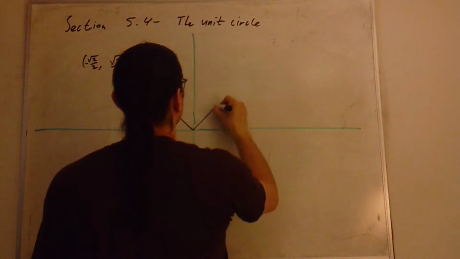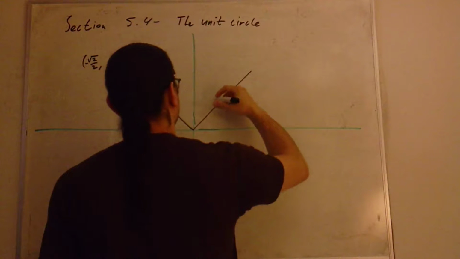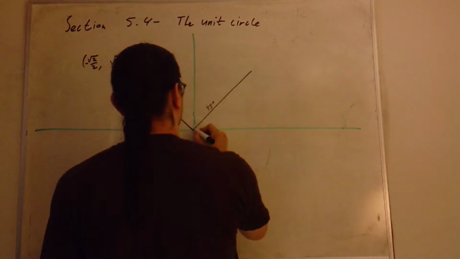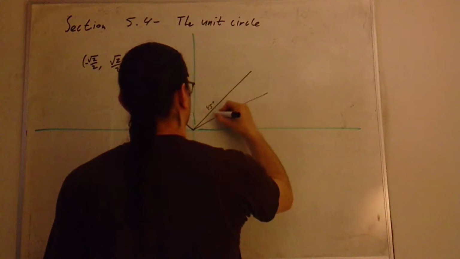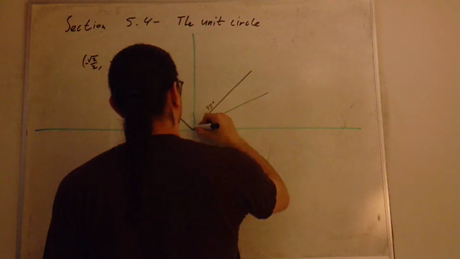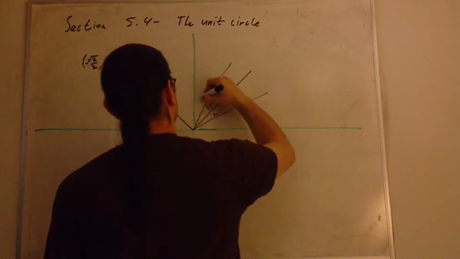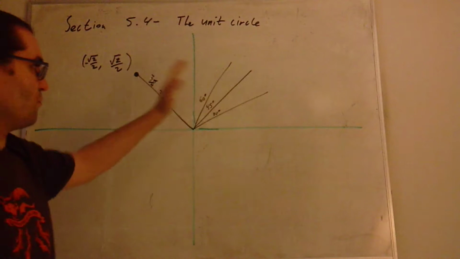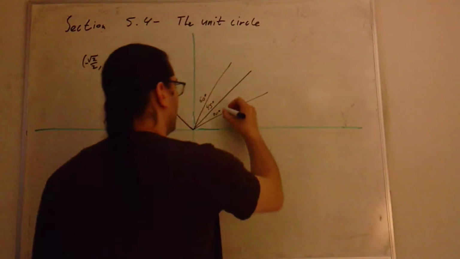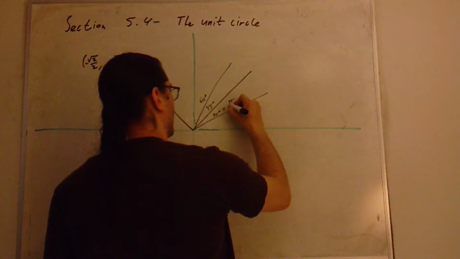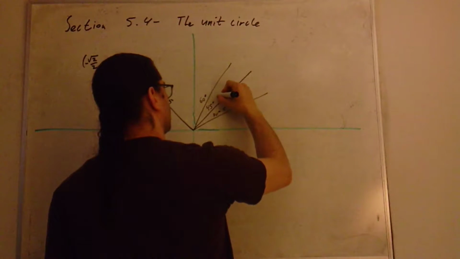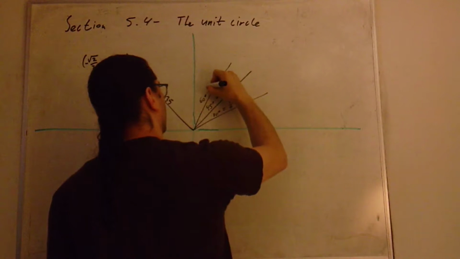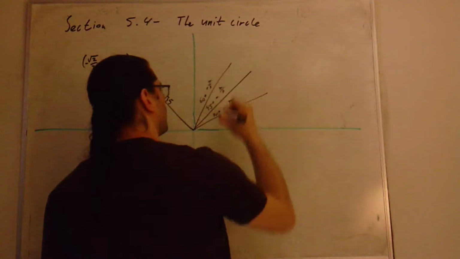I'm going to make a 45 degree angle, a 30 degree angle, and a 60 degree angle, all in quadrant 1. If I do this in radians, this is pi over 6. In radians, this is pi over 4. And in radians, this one is pi over 3.